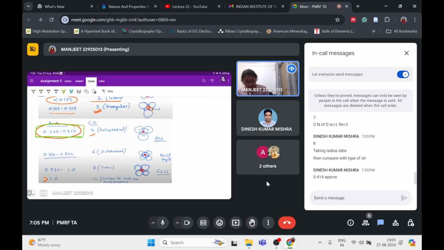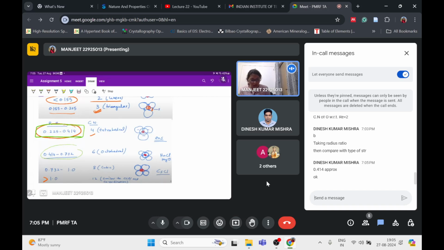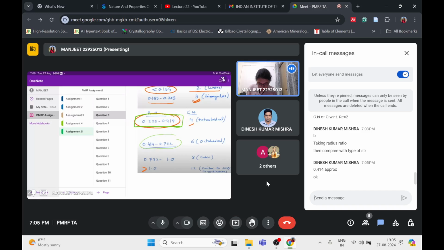Is it lying in this range or this? Because 0.414 is at the boundary point, you have to calculate it accurately so that we can differentiate the coordination number for this atom MX. So how much is this ratio?